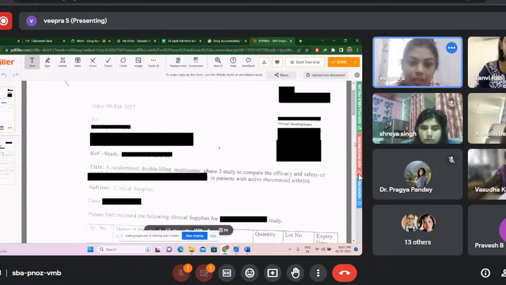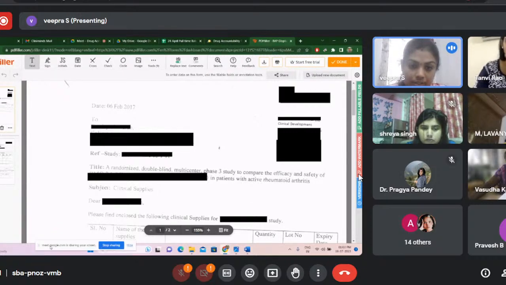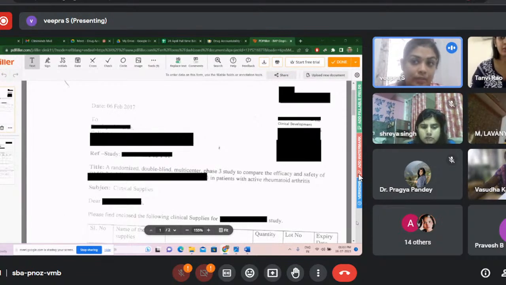Yes, ma'am. Okay, so this is an example of a document which you will get from a sponsor when you are receiving the IP. The date on which they send it to the site will be present, and here it is blinded due to confidentiality. It will contain the name and address of the sponsor who sent the IP to the site.